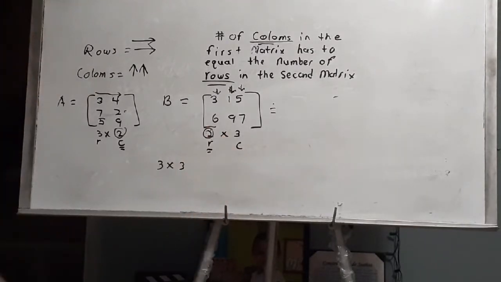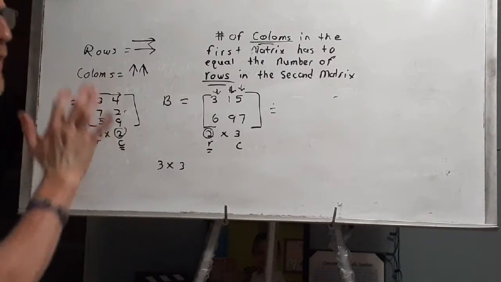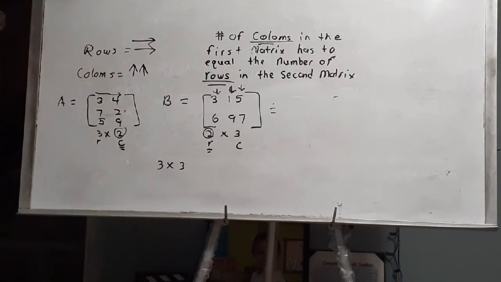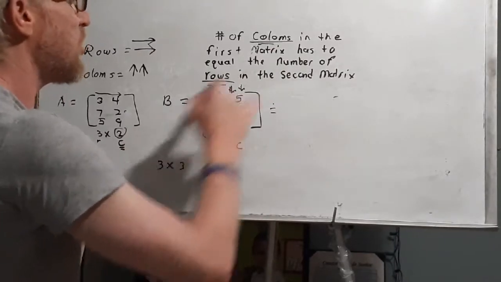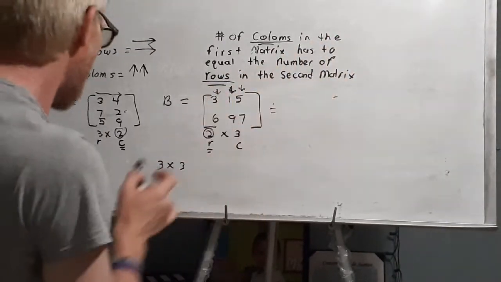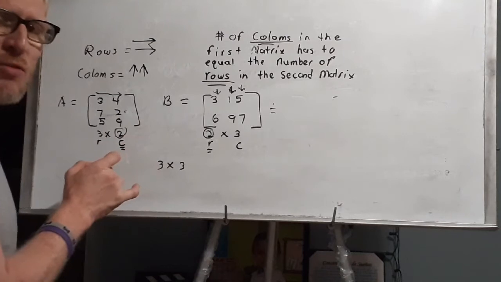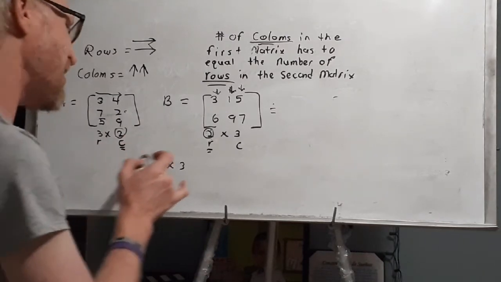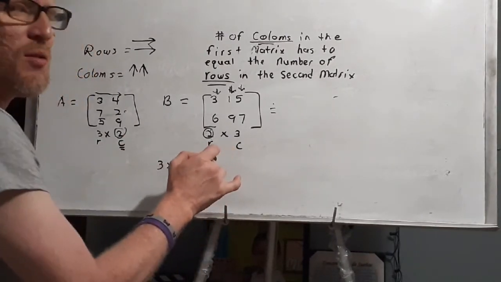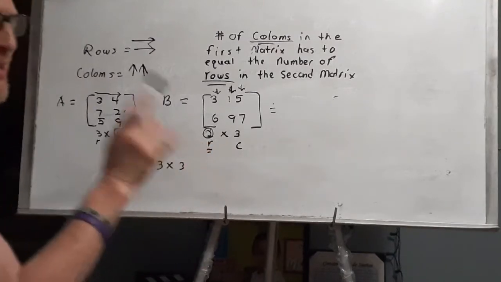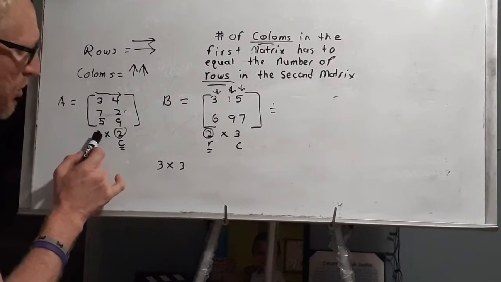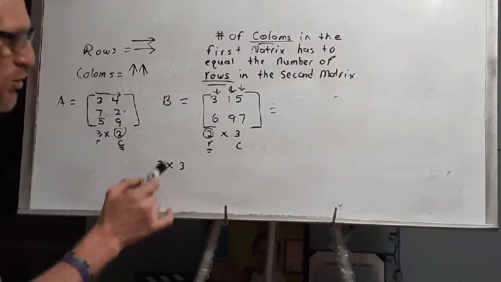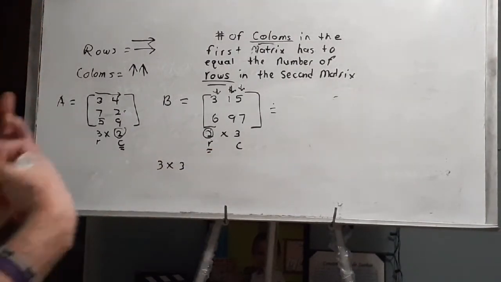So the first thing we want to see is if in fact I am able to multiply them. Now the rule states that the number of columns in the first matrix must be equal to the number of rows in the second matrix. So the number of columns here is 2, and the number of rows in this one is also 2. So that means, one, that I can multiply them, and secondly, that the result is going to be a 3 by 3 matrix, okay?